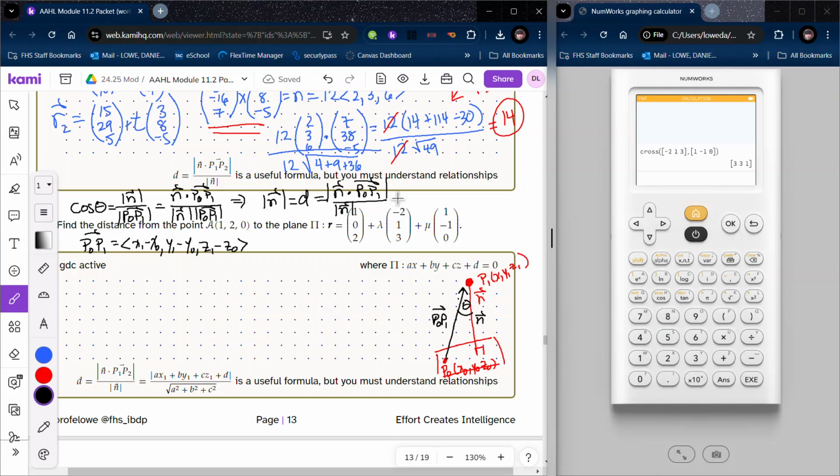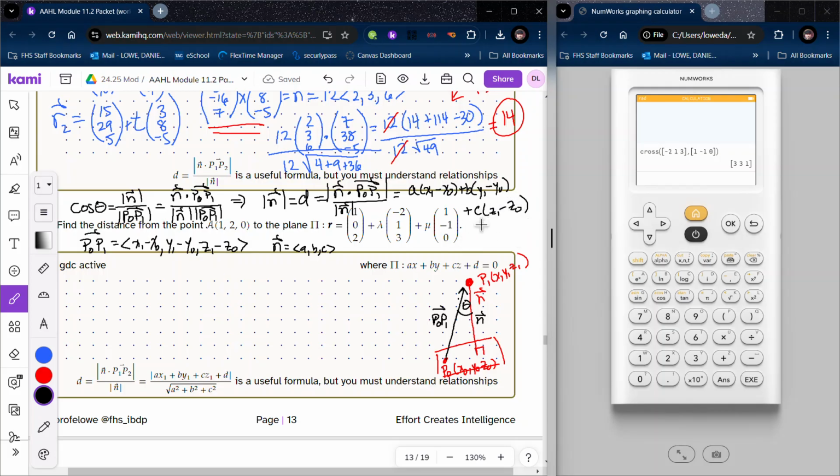So that means that this normal vector dotted with P naught to P1, let's say that my normal vector is a, b, c, is going to become a times (x1 minus x naught) plus b times (y1 minus y naught) plus c times (z1 minus z naught).